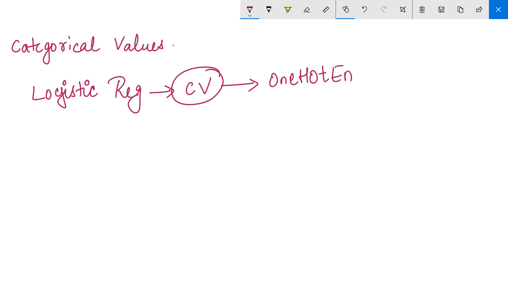We must use one hot encoder, or there is response encoding. Like logistic regression, we cannot directly solve the categorical values, and using one hot encoder and response encoding, it increases the efforts. So wherever there is more human effort, there are more chances of getting errors.